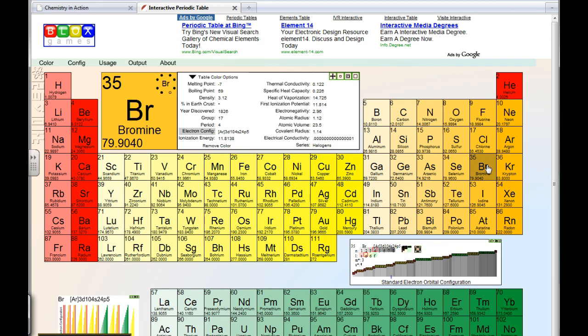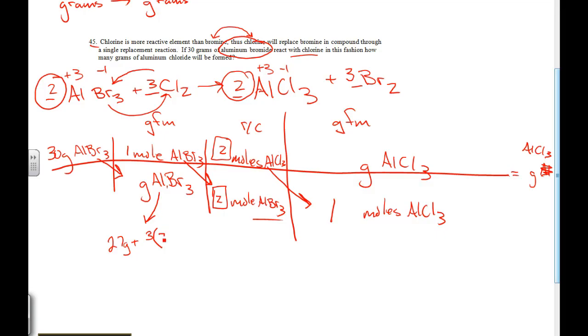It's 79.9, so we'll just round that to 80. So 3 times 80 is 240, plus 27 is 247 grams of AlBr3.